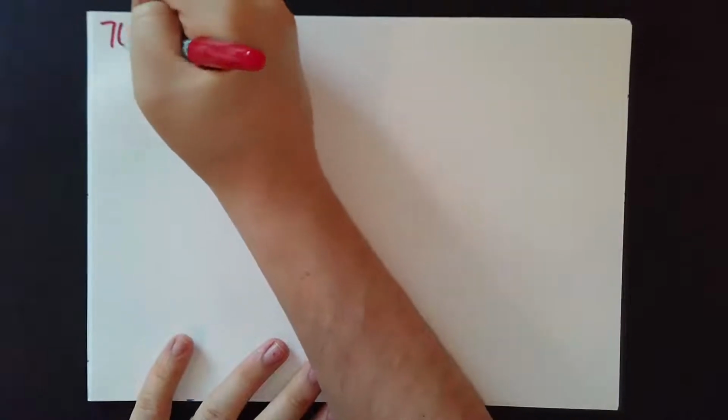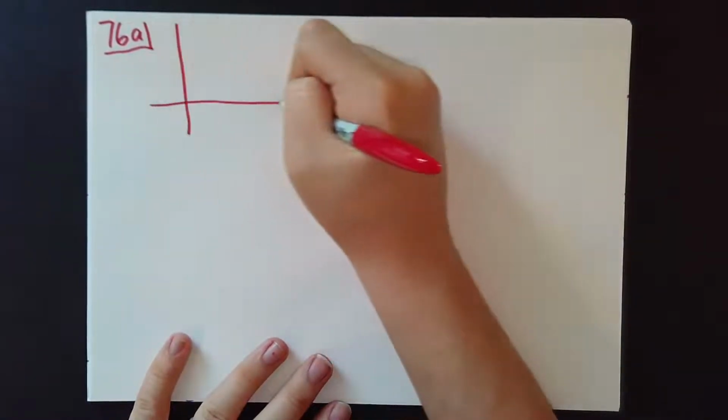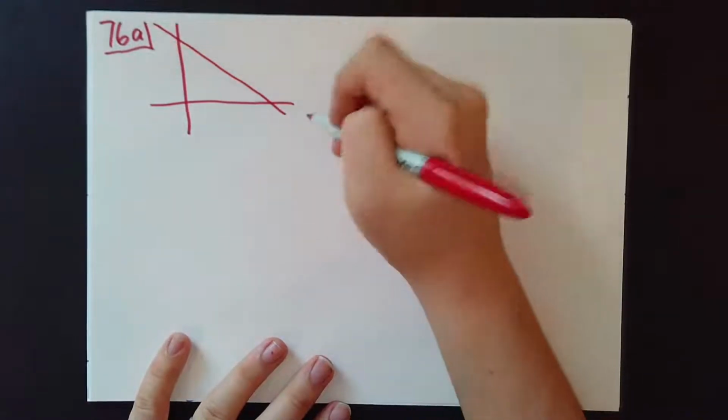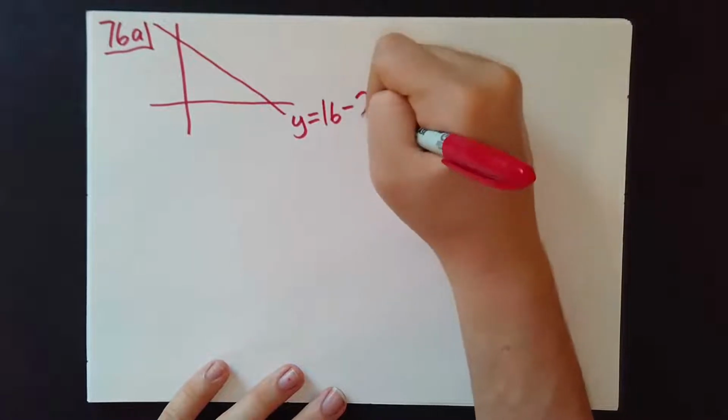Okay, 76a. 76a is one of these questions where we've got a graph here. In this case, it is y equals 16 minus 2x.